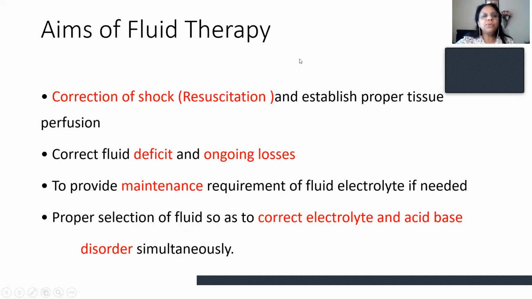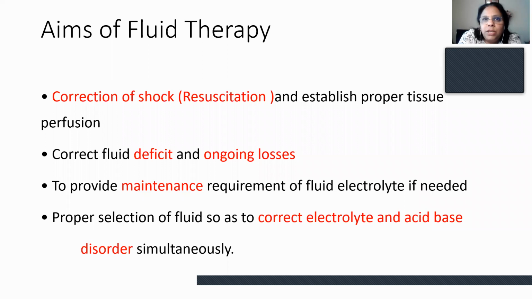Okay, so the aim of fluid therapy is certainly the correction of shock, or to resuscitate when you have low fluid volumes in the body, like hypovolemia, to correct the shock status and establish proper tissue perfusion. That is the main reason. This is the only reason we were discussing in the first fluid balance lecture. Why?